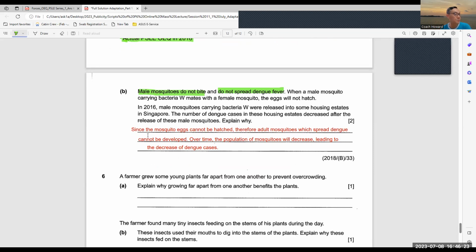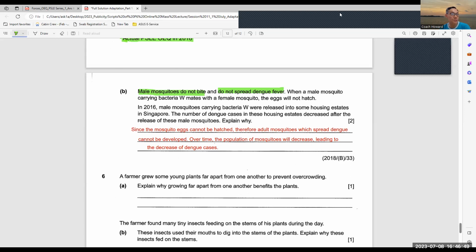So you need to mention this part. Since the mosquito eggs cannot be hatched, therefore adult mosquitoes which spread dengue cannot be developed. Cannot hatch means the mosquito life cycle is paused or ceased. Over time, the population of mosquitoes will decrease, leading to the decrease of dengue cases.